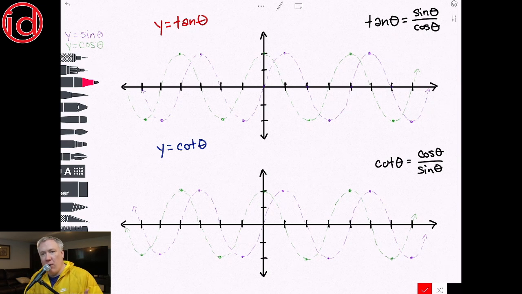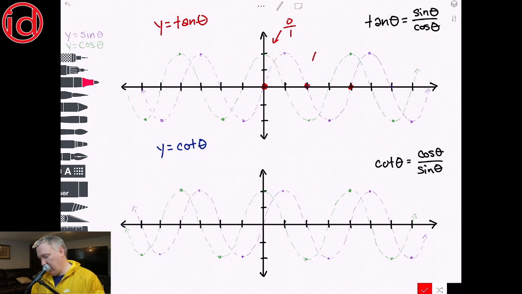So let's go ahead and look where sine is equal to 0. Sine is equal to 0 at all of these mid places, right here, and right here, and again, right there. Well, what's cosine equal to at those same places? At this first one, where the sine is 0 at the origin, cosine isn't 0 there, it's 1. So at that place right here, I have 0 divided by 1, or just 0.